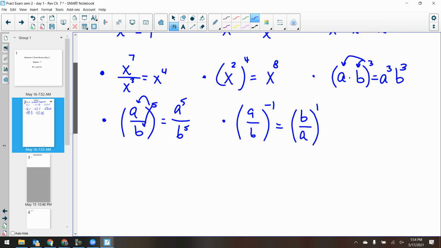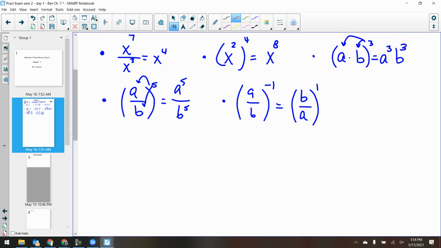Let's take a look at the second half of Chapter 7. The second half was all about polynomials. This is the chapter where we started to name them, like quadratic trinomial or linear binomial.